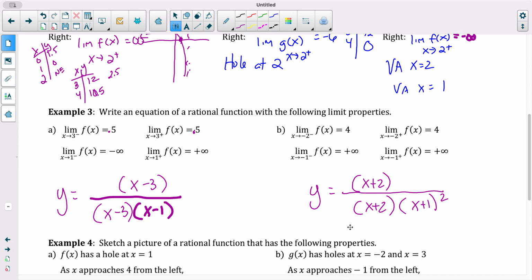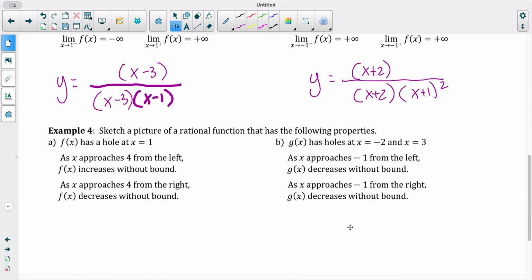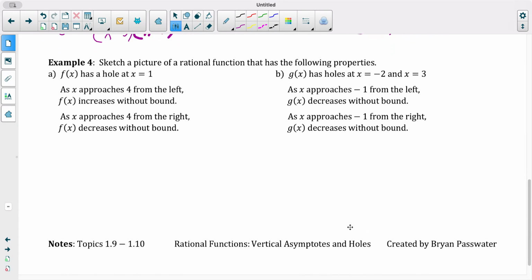Okay, so let's try the next two. This is just graphing. The function has a hole at 1, and as x approaches 4 from the left, it increases without bound, and from the right it decreases without bound.